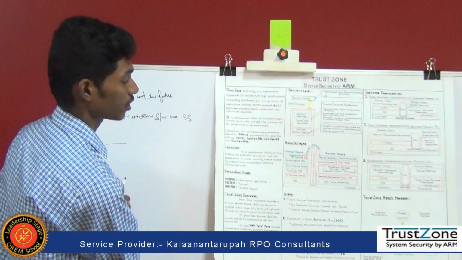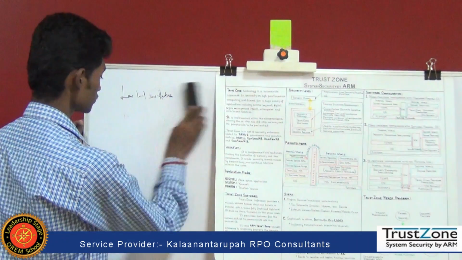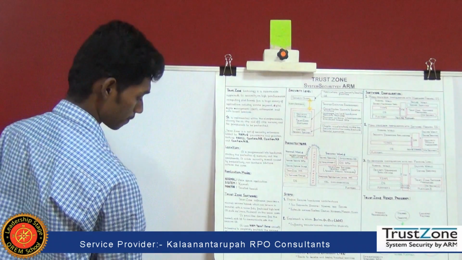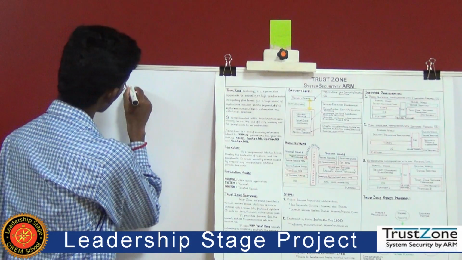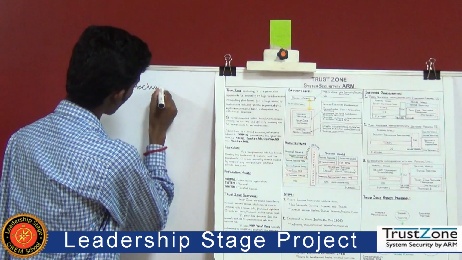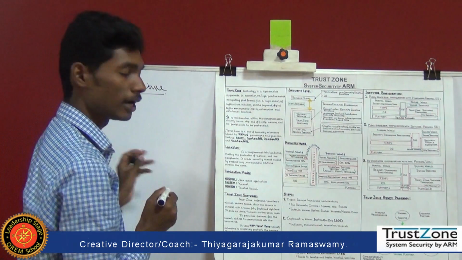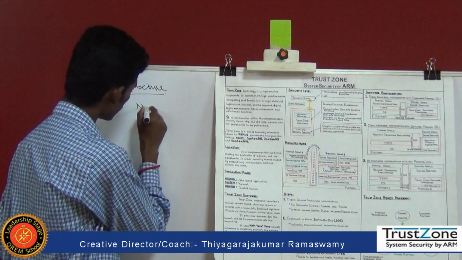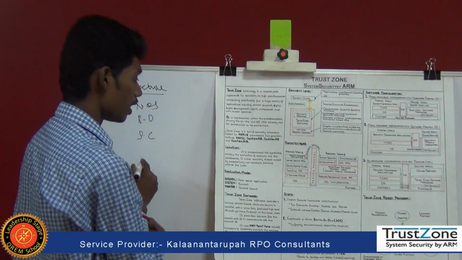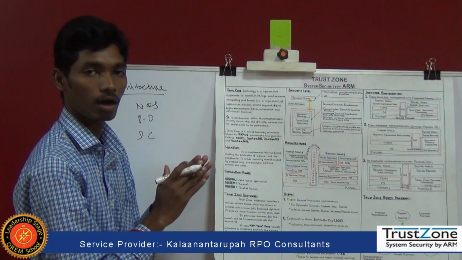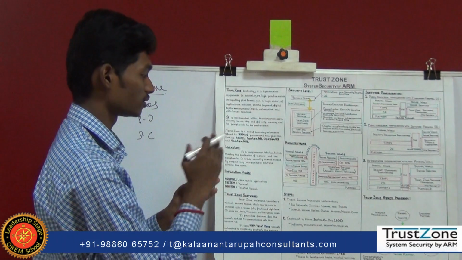Next one is the architecture of Trustzone. The architecture mainly contains the normal world, OS, secure channel, and a platform which is able to run both normal and secure.